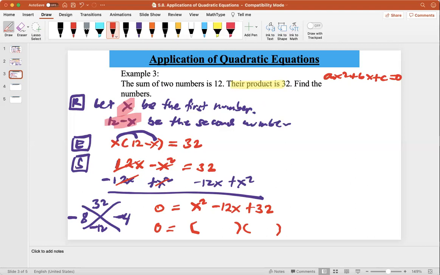We can write first negative 8, negative 4. Those are the factors of 32 whose sum is negative 12. And the factors of x squared, x and x, right? So we have x minus 8, x minus 4. Let's solve for this equation by setting its factors to 0. You have x minus 8 equals 0, or x minus 4 equals 0.